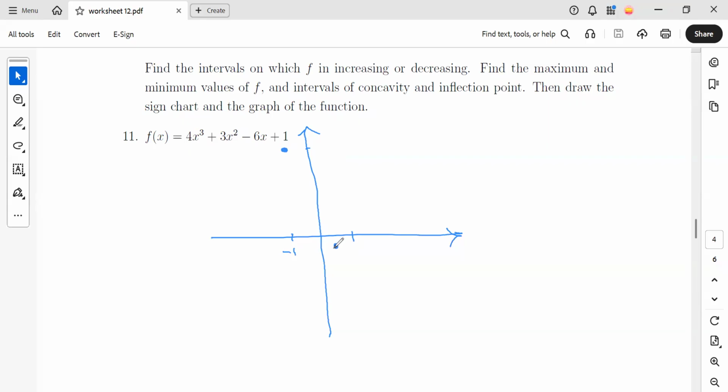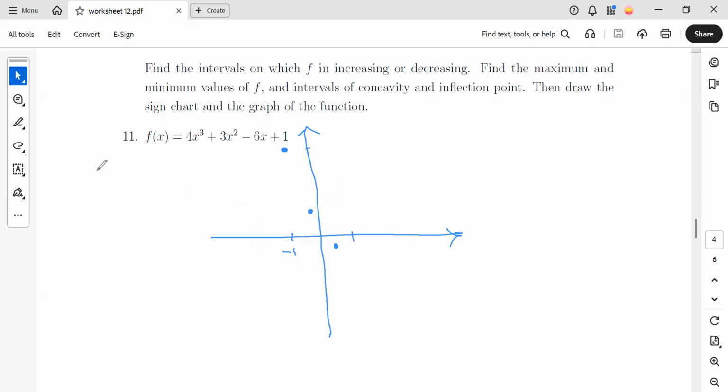And another point was negative 1 over 4 and 21 divided by 8, which is 2.6. So negative 1 over 4 and 2.6, maybe here.